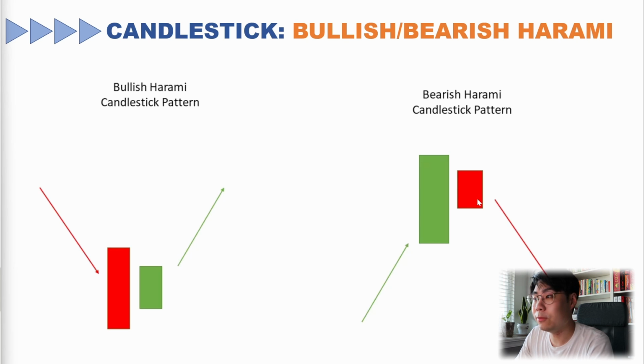And the reason why I'm saying that the demand is being exhausted is because, first of all, the price actually opens lower than the previous day's closing price, right? And also, it continues to go lower, ending up closing at a price lower than the starting price.